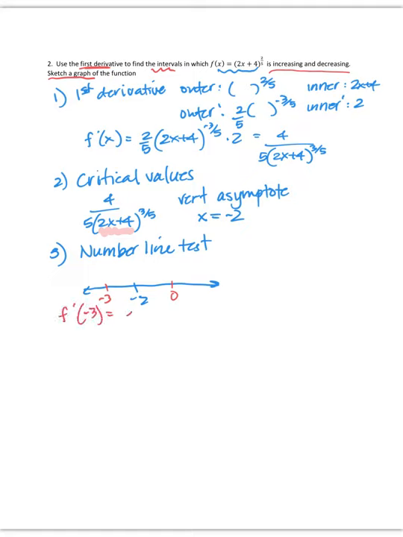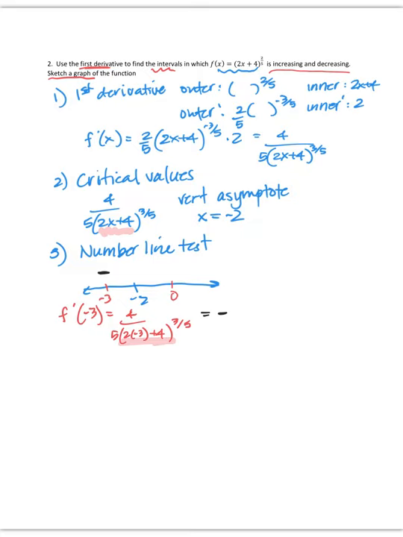We're going to have 4 over 5, 2 times the -3 plus the 4 to the power of 3/5. And if we think about that one, it would end up being a negative, because this part all right here ends up being a negative number. So above the -3 is going to be a negative.